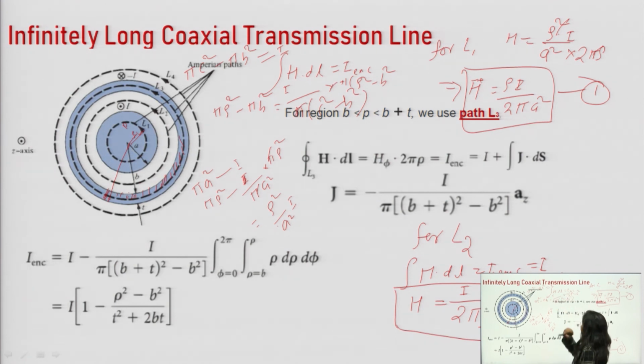This pi will cancel out. Finally, the value will be I by c square minus b square, and on top we will write rho square minus b square.